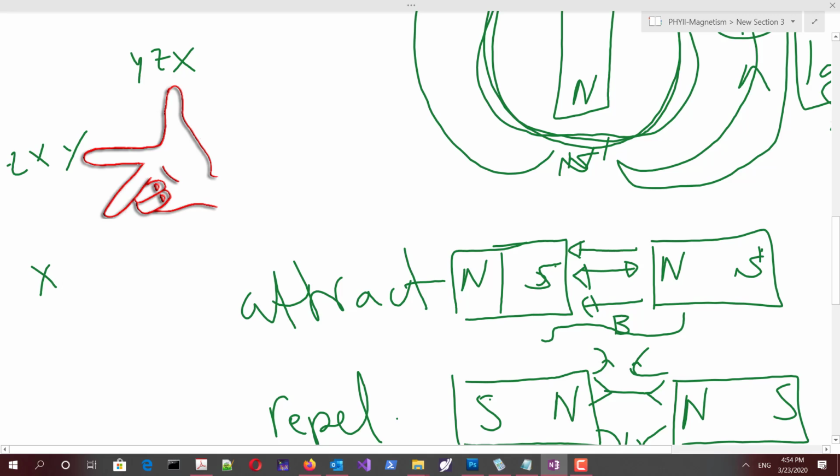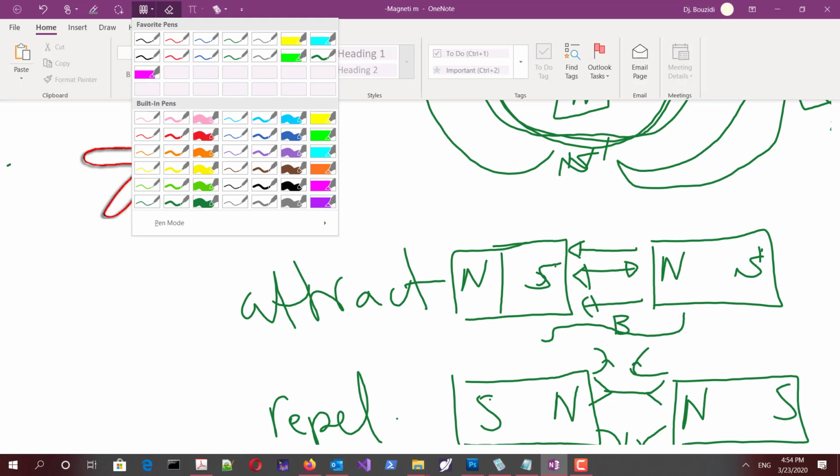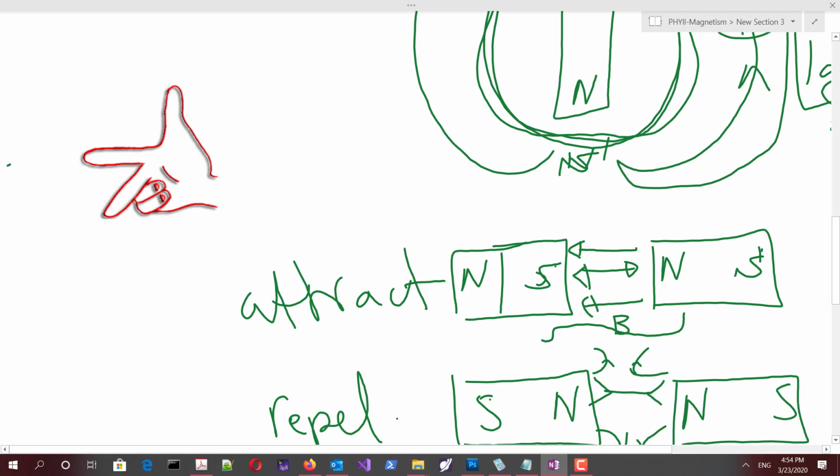So let's remember this property of the right hand. In other words, you can always turn the right hand whichever way you like, and the thumb will always point in one direction versus the other directions as far as the forces are concerned.